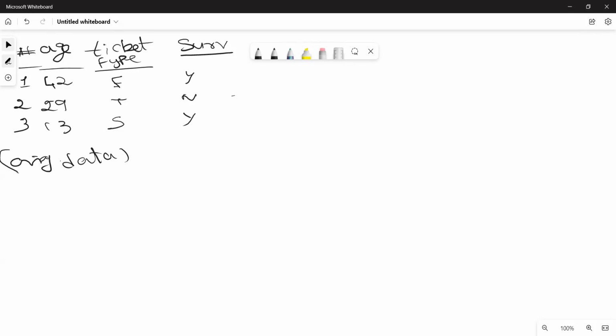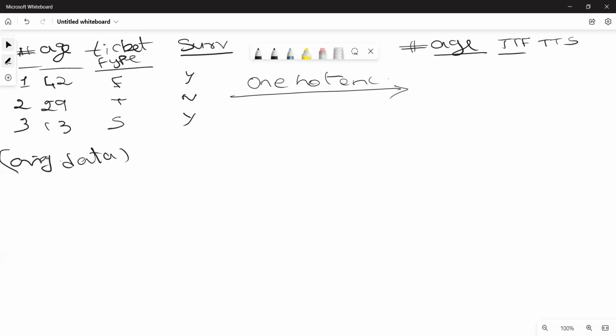Now, after I apply the dummy variables or the one-hot encoding method, how does my data transform itself? The record number will remain as it is. The age will remain as it is. Now the ticket type will change. If I take first class and second class to be my dummies, I'll have ticket type first class, ticket type second class, and then the Y variable, which is survived.